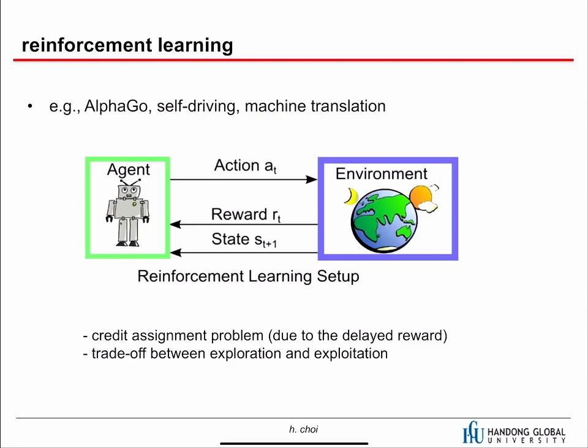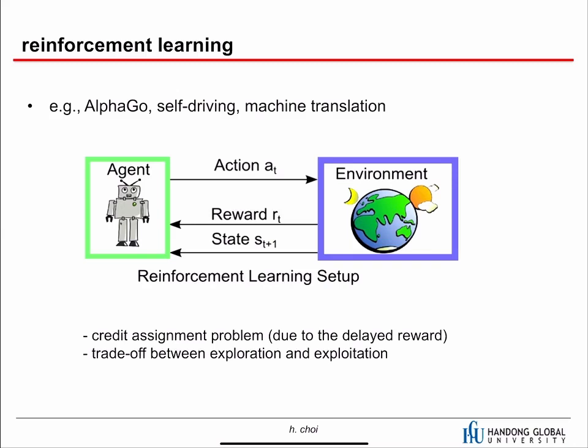And the last one is reinforcement learning. Okay, so in AlphaGo, they used a reinforcement learning algorithm. Actually, at first AlphaGo was based on supervised learning, and they used reinforcement learning to train further. And a self-driving car can be trained based on supervised learning or reinforcement learning.